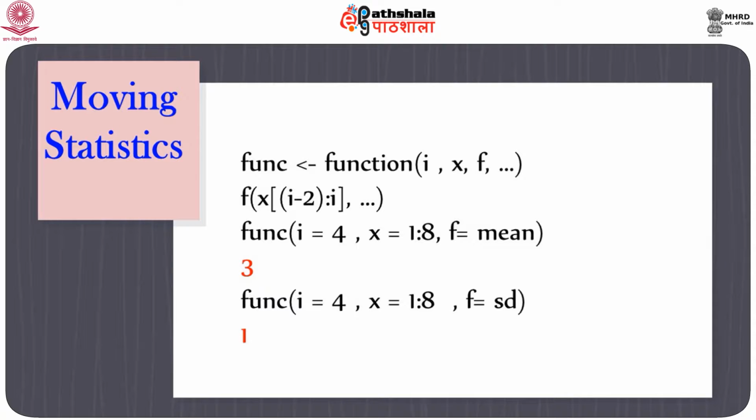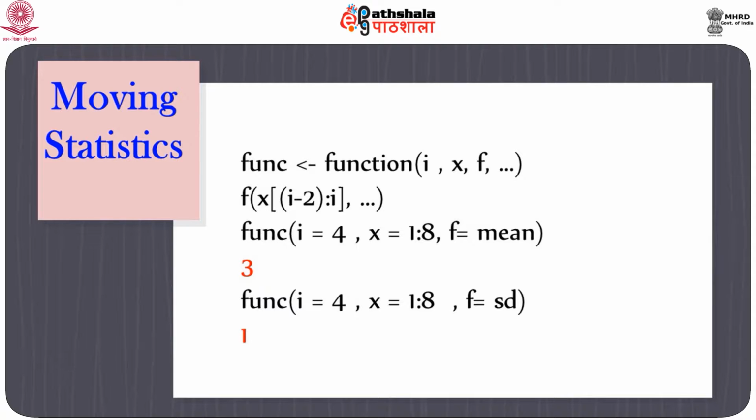Now let's see what happens when we start putting the arguments within the func function. Here we are taking i equal to 4 and x contains the values from 1 up to 8. So these are the arguments. Here the function that will be used is mean.